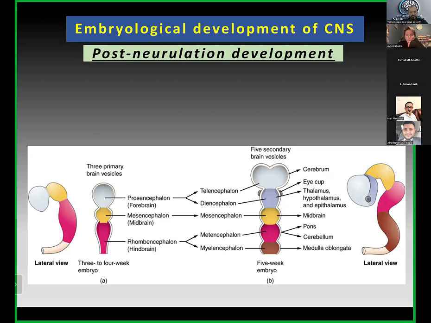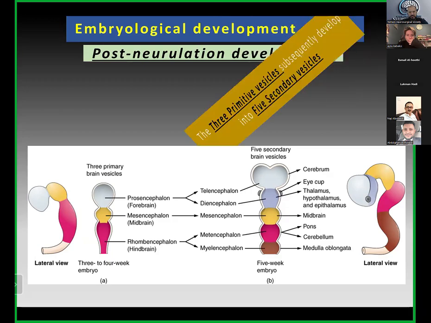The rhombencephalon, which is the most caudal part of the primary brain vesicles, will differentiate into the metencephalon and myelencephalon. So, the five secondary vesicles will form the brain, brainstem and the cerebellum.